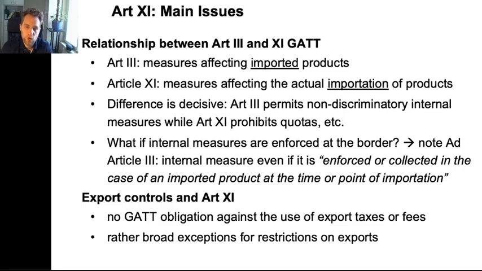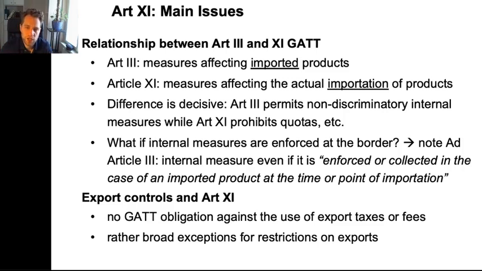The big question, however, is what if a purely internal market measure, so let's say a tax, is already imposed or enforced at the border. If you collect the tax already once the product is trying to enter your market, this was also in the minds of the drafters of the GATT, and there was a note at Article 3.